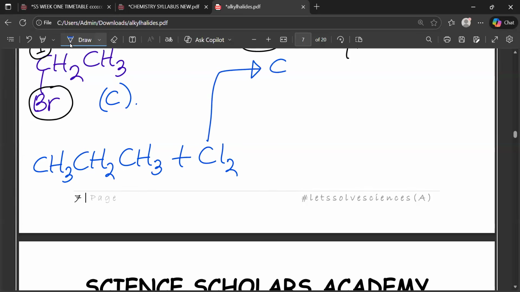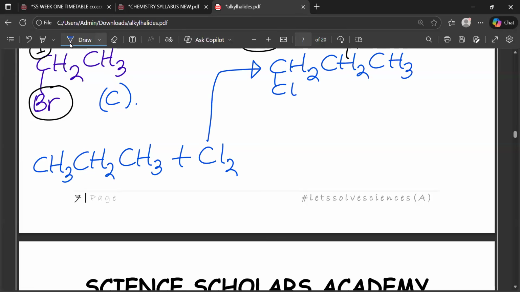There is a possibility of replacing one of the hydrogens of the first carbon, so that instead of CH3, we have CH2 and the Cl is there. I taught you how to condense, so I'm not going to waste time. Then I'll complete the structure like that.